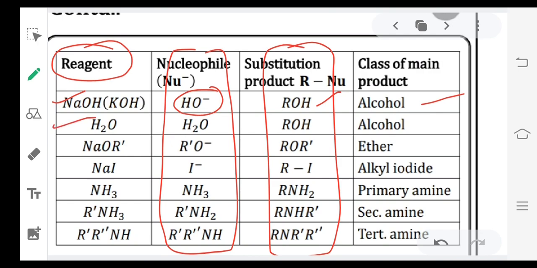If you use the same, we get H2O as nucleophile, then we get the product alcohol. Next, NaOR dash. If you use this reagent, then we will get RO minus as nucleophile, and we will get R-O-R dash, ether. So there are different reagents given, and you can see the corresponding products here.